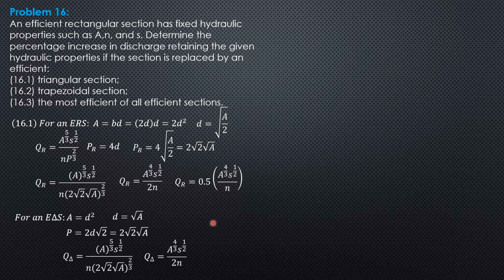Therefore, the percentage increase if we replace the efficient rectangular section by an efficient triangular section is 0%. So that means an efficient rectangular channel is equivalent to an efficient triangular section, or they are equally efficient, as anticipated in the lecture part, and we have proven it here. So having fixed area, of course.